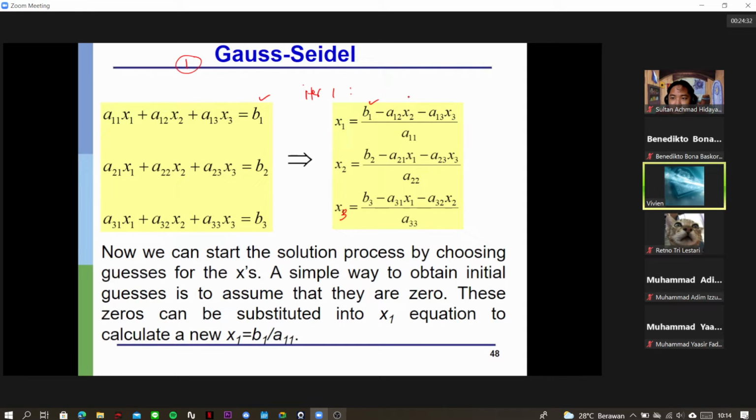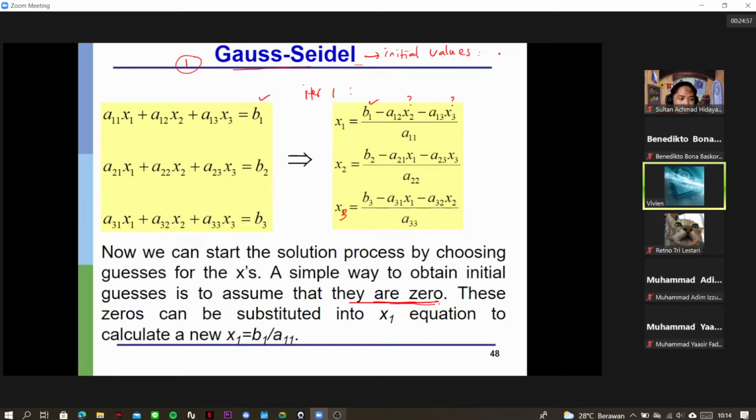Now the question is, x2 and x3 here are not known yet. So where can we get these values? With the iterative method, we always need initial values. What initial value do we use? We can use any value, but to make it simple, it's easy to choose the initial value 0.